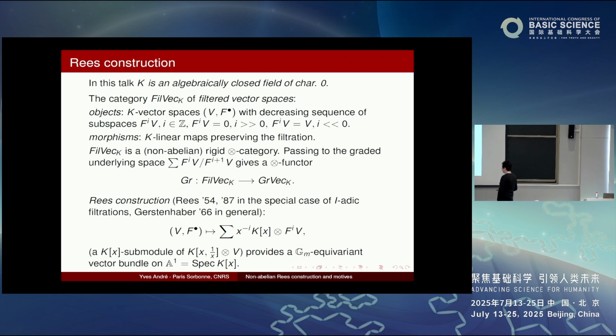So this construction starts from a filtered vector space and gives rise to a G_m-equivariant vector bundle on the affine line, where the affine line is given the standard action of G_m.